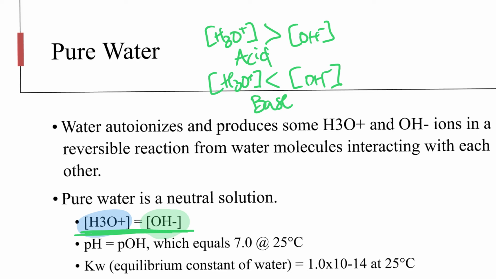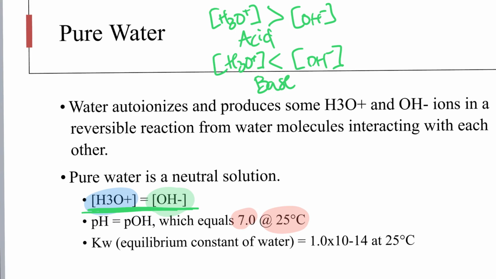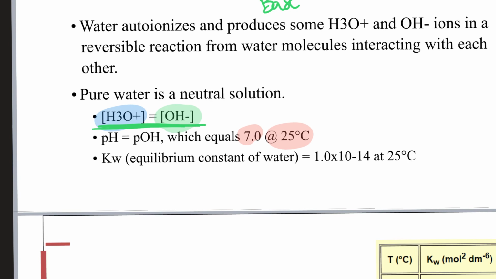If the temperature is at 25 degrees Celsius, the pH is 7. This leads us to what we call the Kw, which is the equilibrium constant of water. I'm going to rewrite it so this makes sense.